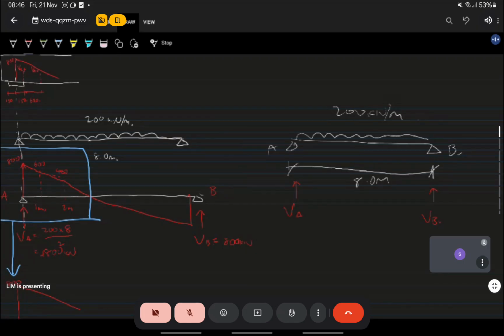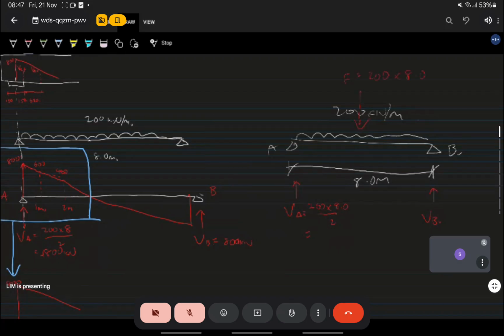Simply supported beam with a UDL. VA would be the UDL times the span divided by 2, because half. So basically you calculate the total load. The total load is 200 times 8.